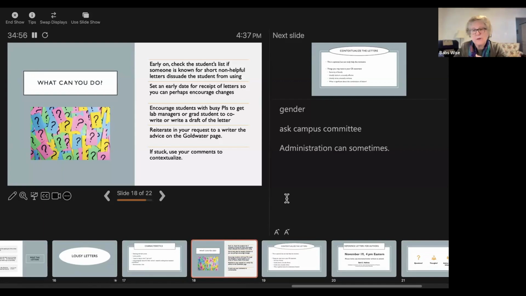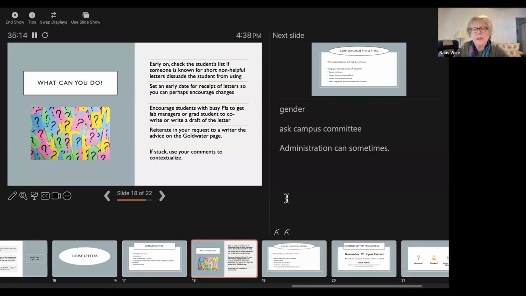Do they have a graduate student who could draft the letter and they could sign it together? Anything like that can be helpful. I would set an early date. Again, as I showed you the schedule that I used, set an early date.